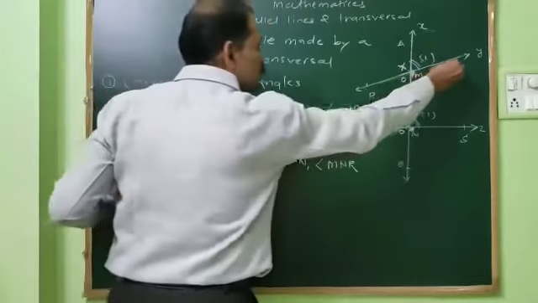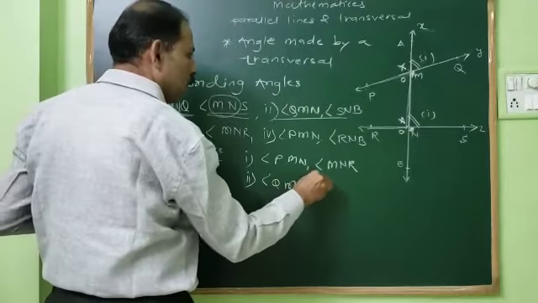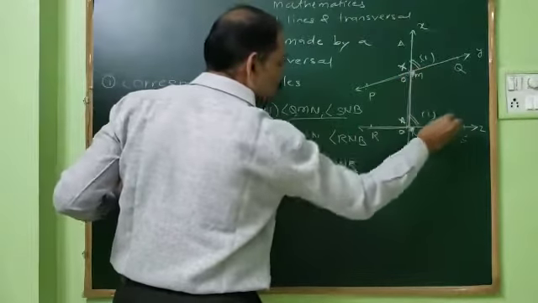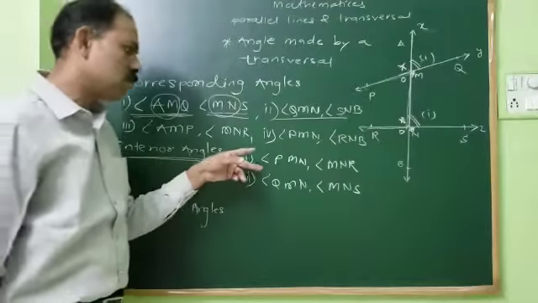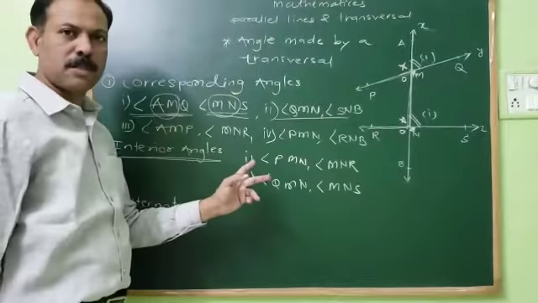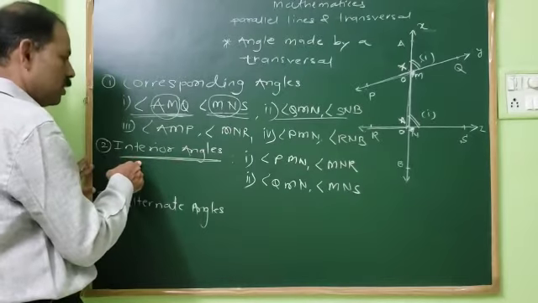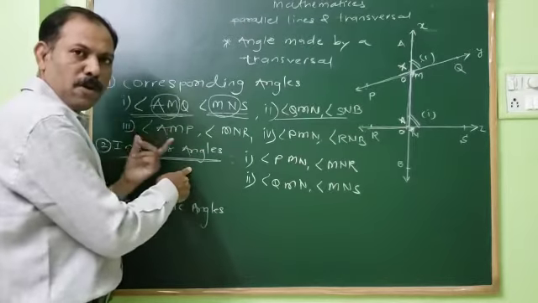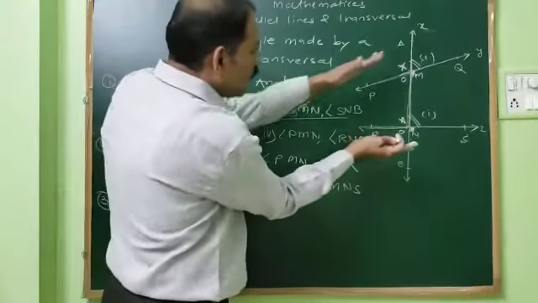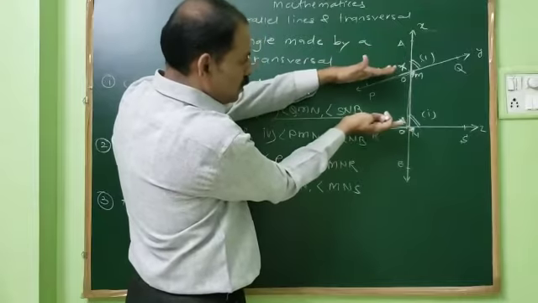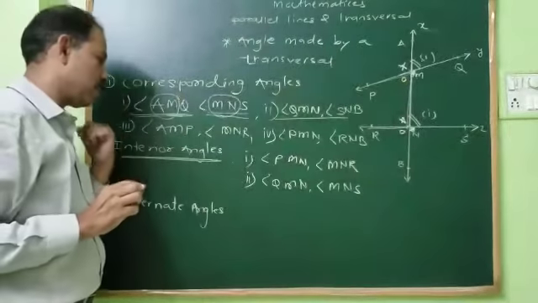And the second pair is angle QMN, and its pair is angle MNS. So these are the pairs of interior angles. Again, I define interior angles: a pair of angles which are on the same side of the transversal and inside the lines, then the angles are said to be interior angles.